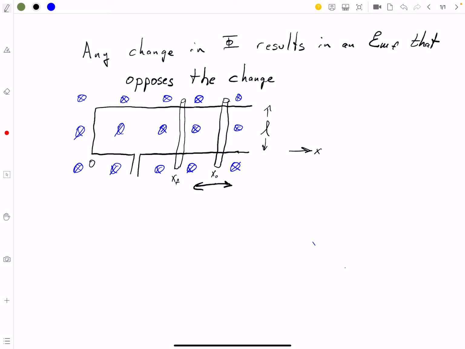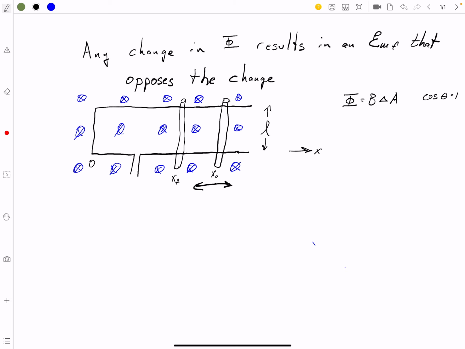We've changed our area. So since phi is equal to B, which we know is uniform, times area, we're changing our area. And then of course the cosine of theta is equal to 1.